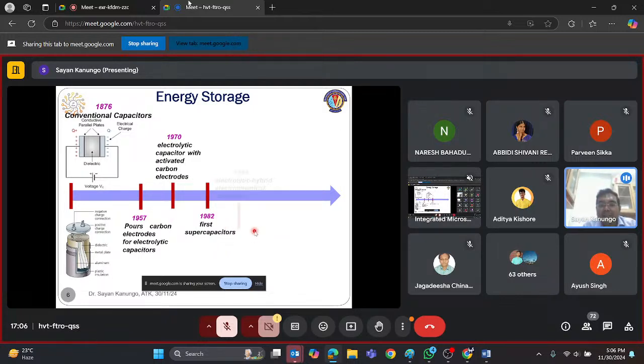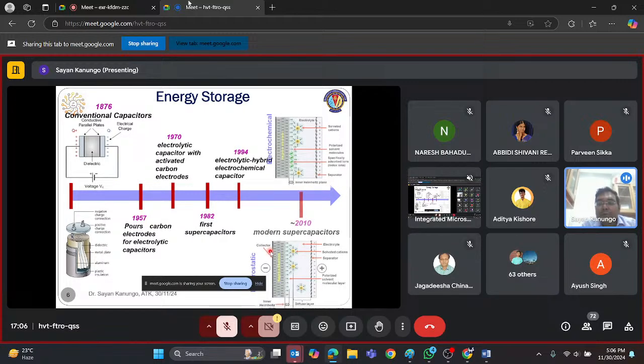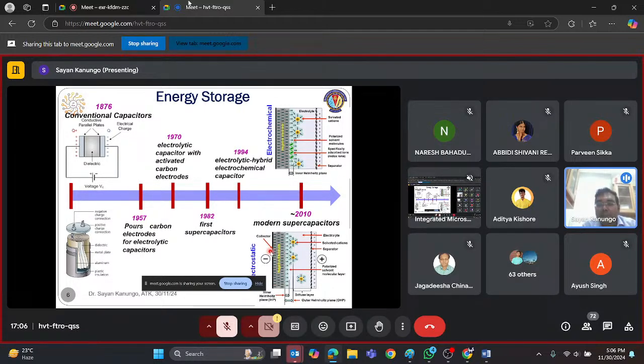One of the major demonstrations was the hybrid electrolytic and electrochemical capacitor, demonstrated in 1994. However, the modern supercapacitor came into existence much later, around 2010, when it was successfully introduced and thereafter incorporated in industrial applications.